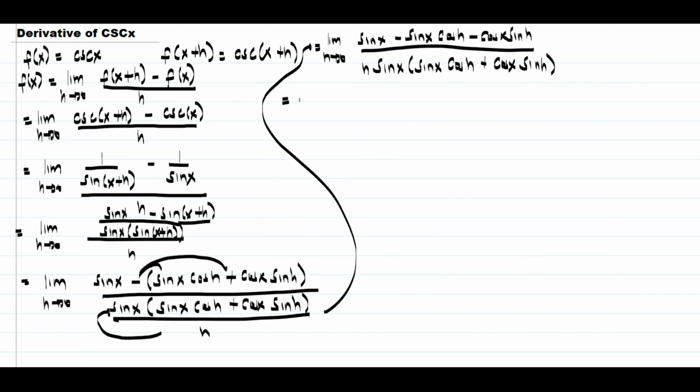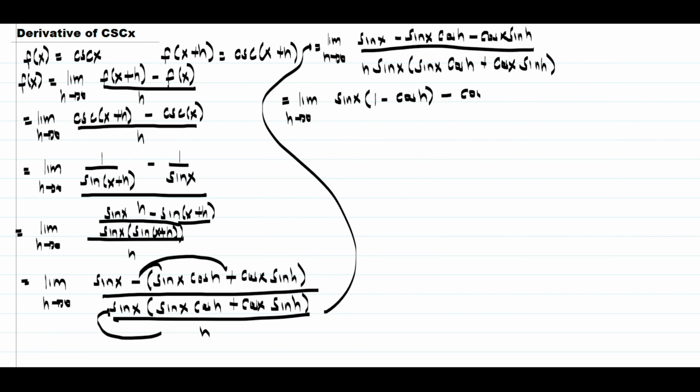So let us have limit as h approaches 0. Since we have sine x in common, let us factor this one. Let us have sine x as the factor. Sine x divided by sine x, that is 1. And then negative sine x cosine h divided by sine x, that is negative cosine h.